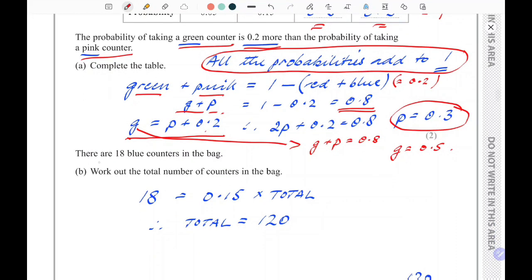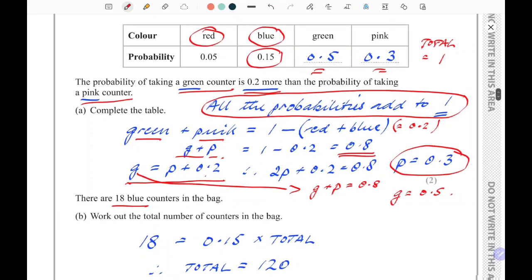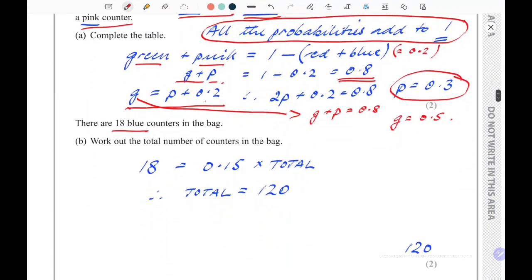Right, and then next part of the question, there are 18 blue counters in the bag. All right, work out the total number of counters in the bag. The blue, if we remind ourselves, has a probability of 0.15. So the 18 must represent, and I'll write this out here, 18 over the total must represent 0.15, okay?